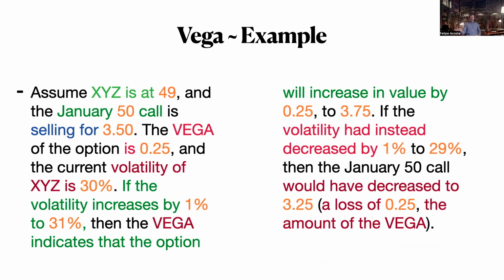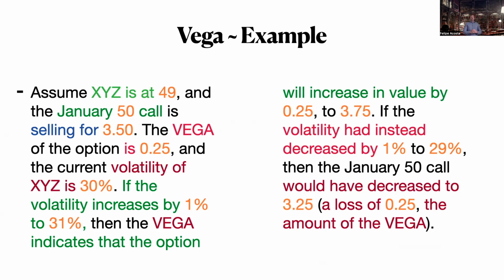That's how you equate that to dollars, right? So someone purchases that $50 call, and the Vega of the option is 0.25. And the current volatility of XYZ stock is 30%.